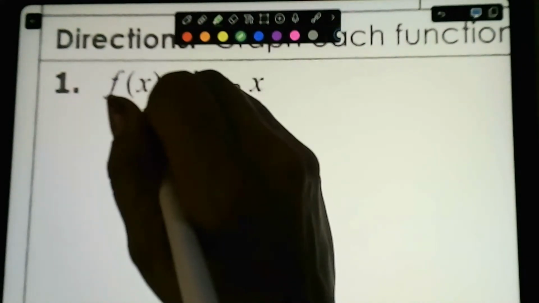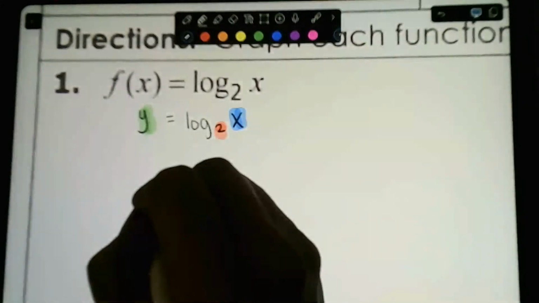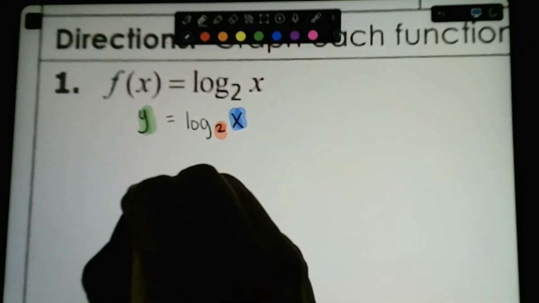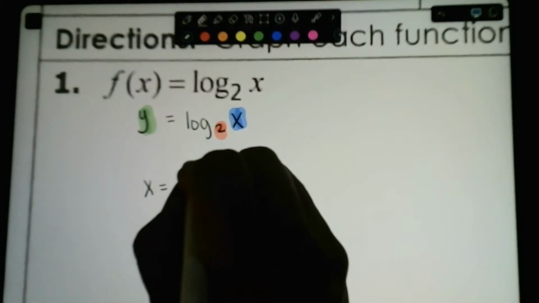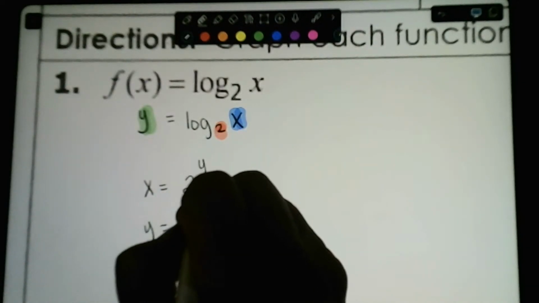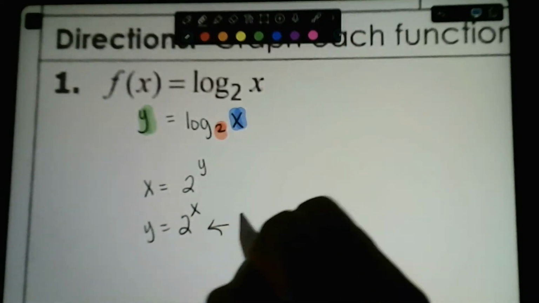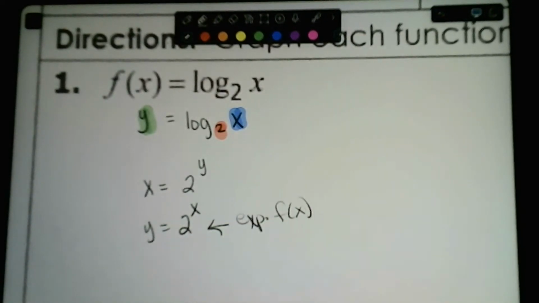This is the exponent, and this is the number that the exponent is equal to. So we have x equals 2 to the y. Flip those to get the inverse, and this is the exponential function that we want to get the values of in order to flop them to graph it.